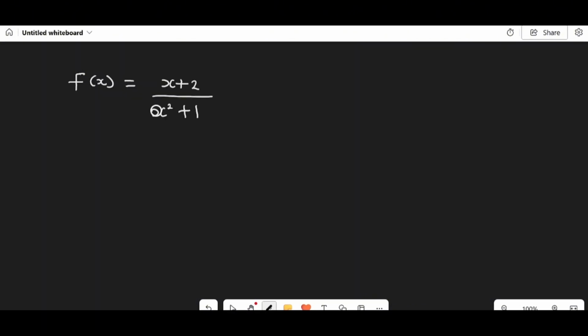We want to find the domain and the range of this fractional function. The denominator x squared plus 1 is always positive and never 0, because there is no number we can insert into this denominator that will give us 0.